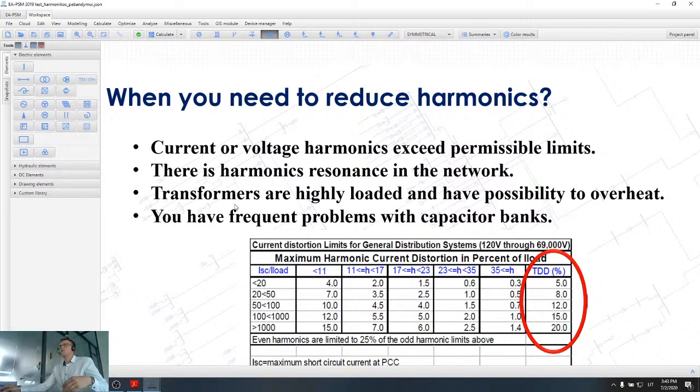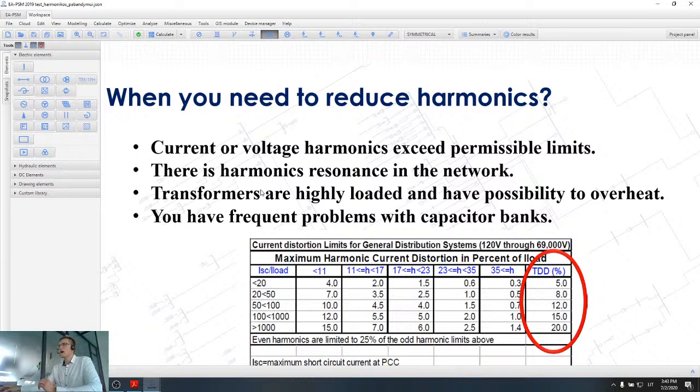One more reason why you have to take actions to reduce the harmonics is if your transformers are highly loaded. For example, if you have a transformer in the electrical network which is usually quite overloaded, normally working at 80% loading or even higher, of course you have to check the level of harmonics, because a very loaded transformer will already work at a high temperature, and if you have more harmonics, this can exceed the permissible temperature of the transformer.